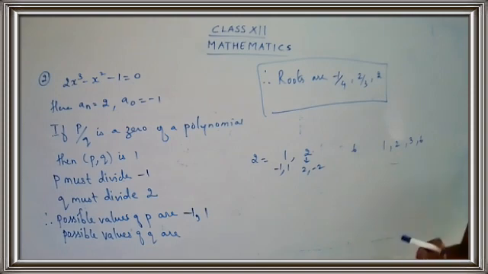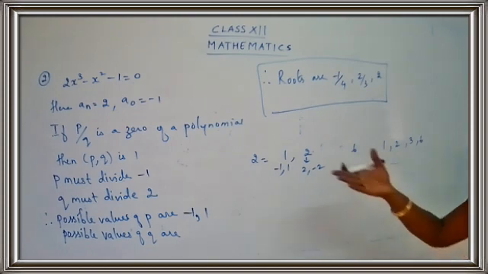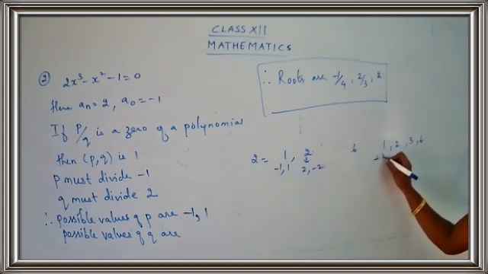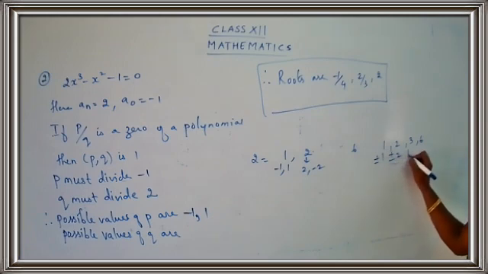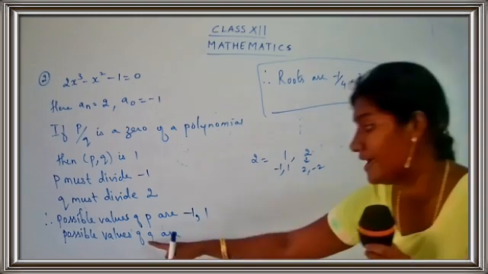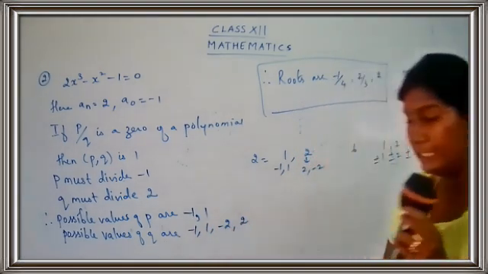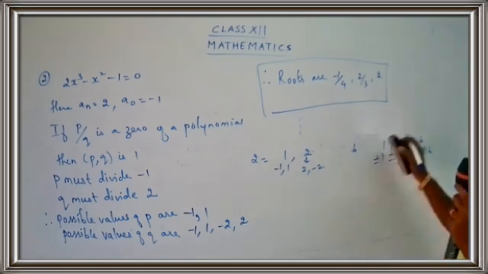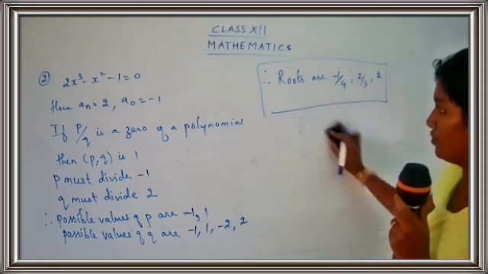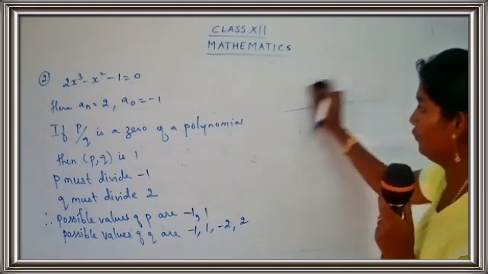When you consider this rational root theorem, you have to write plus minus 1, plus minus 2, plus minus 3 and plus minus 6. So the possible values of q are minus 1, 1, minus 2, 2. Clear? So we have written the possible values of p and also the possible values of q.